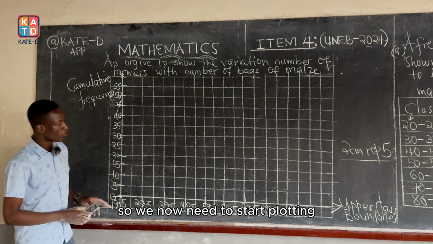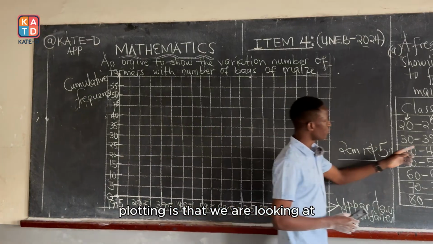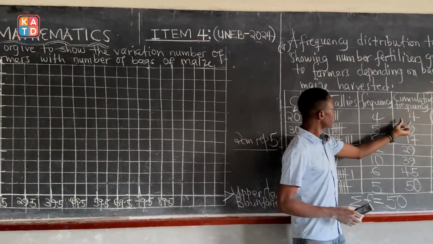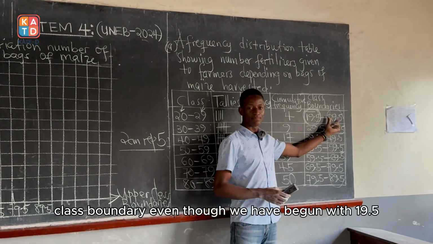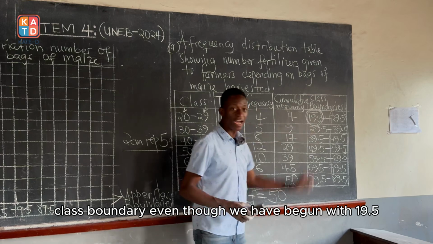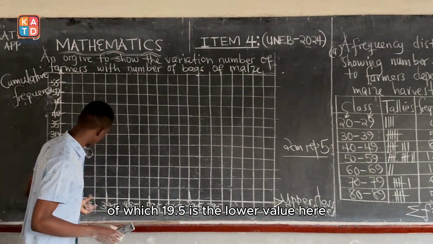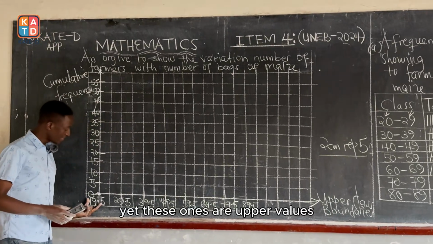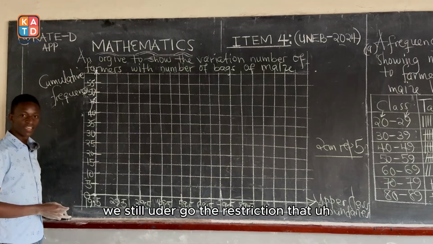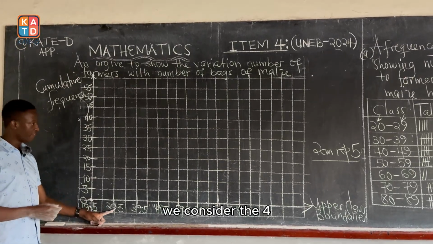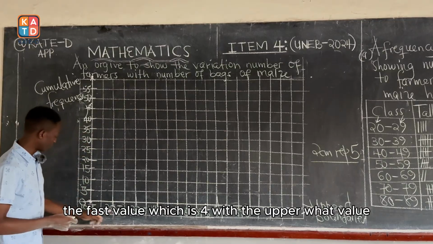So we now need to start plotting. Plotting is that we are looking at the cumulative frequency against the upper class boundary. Even though we have begun with 19.5, of which 19.5 is the lower value here, yet these ones are upper values, we still undergo the restriction that we consider the first value, which is 4, with the upper value.